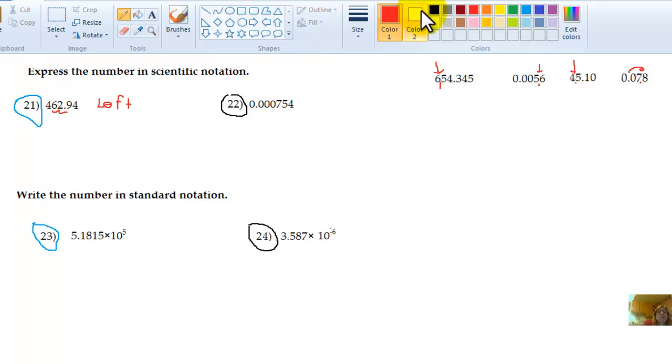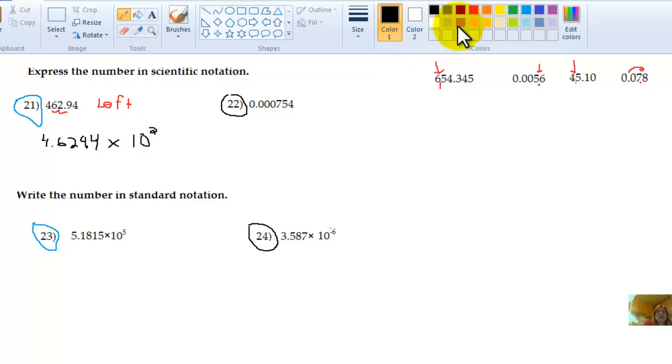So that will change our number because we move the decimal 2 places to 4.62. The 94 is still there, and we moved it to the left, so it's a positive exponent, 2 places. So it's a 2 for the exponent: 4.6294 times 10 to the second.